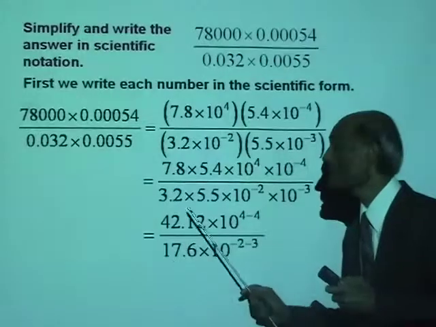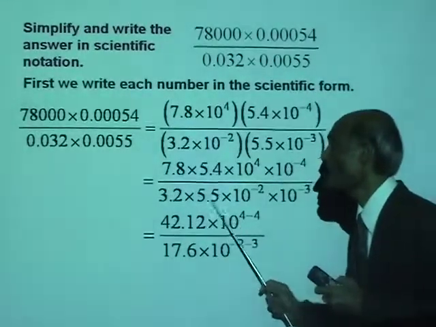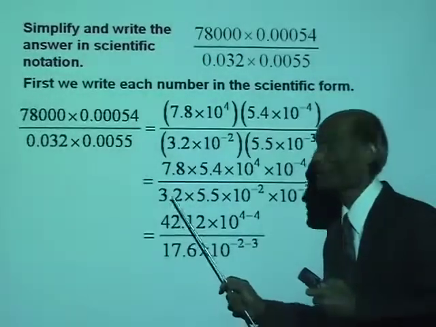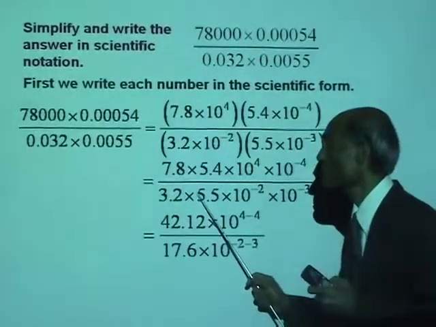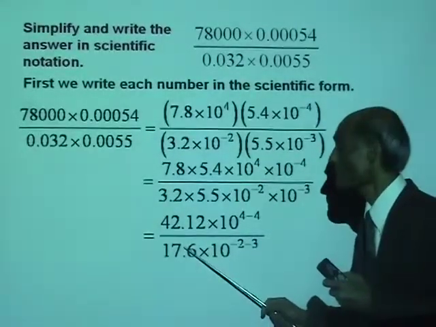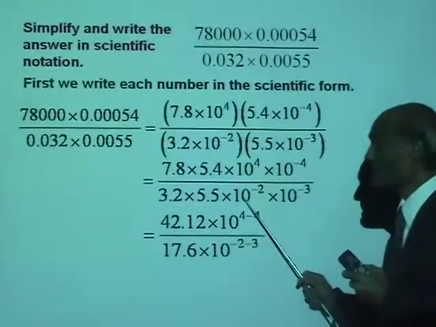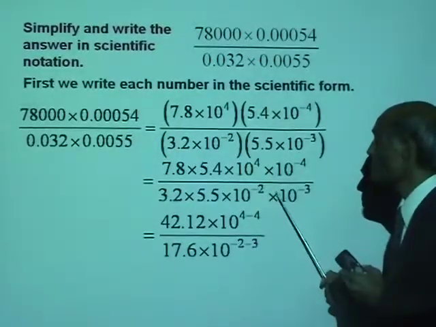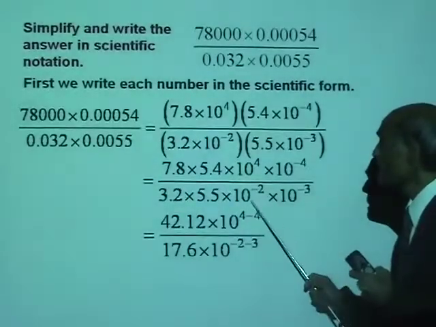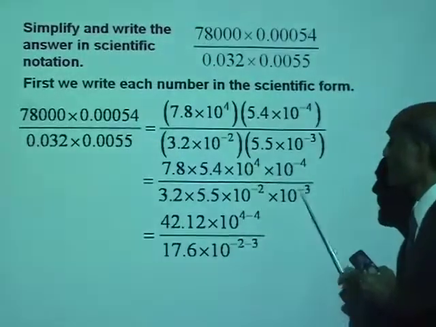And on the denominator, 3.2 multiplied by 5.5. Well, you need to do that on your own. 3.2 multiplied by 5.5 is 17.6. And multiply the powers of 10. 10 to the power of negative 2 multiplied by 10 to the power of negative 3 is 10 to the power of negative 2 minus 3.